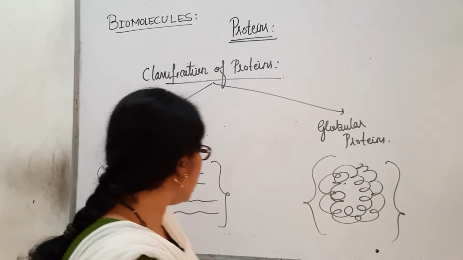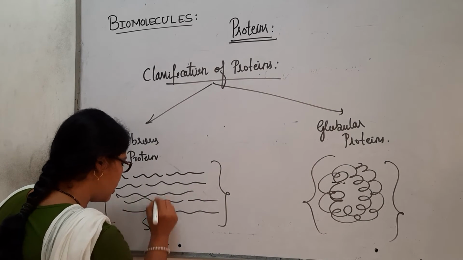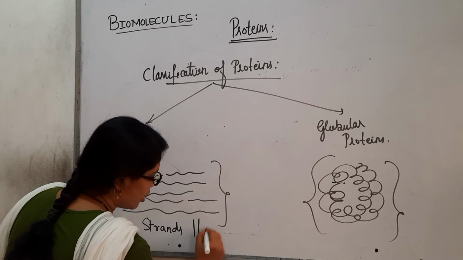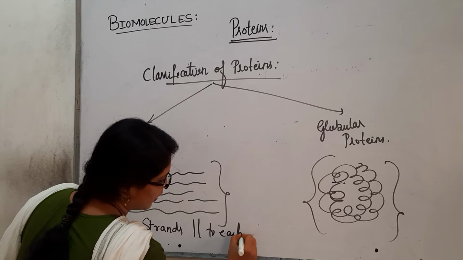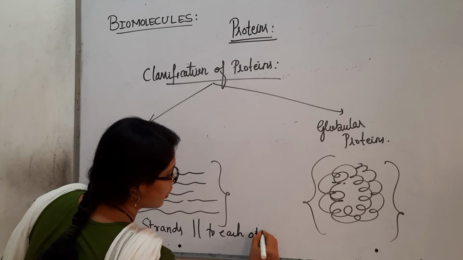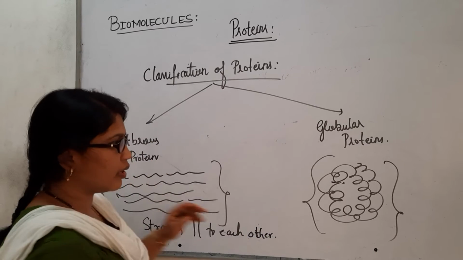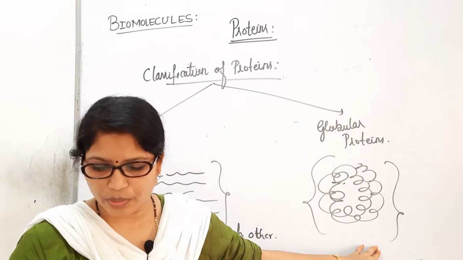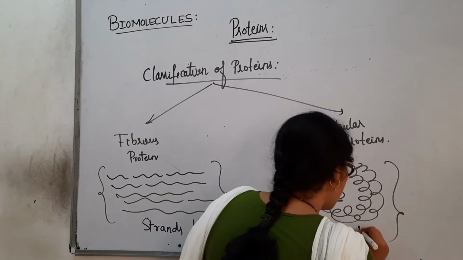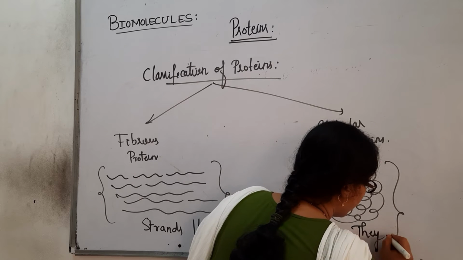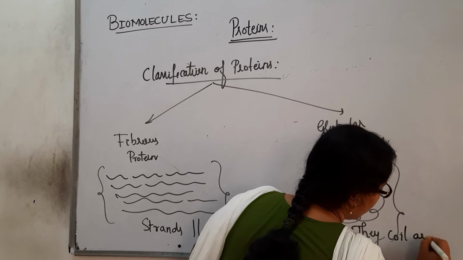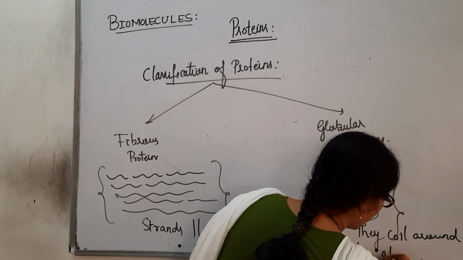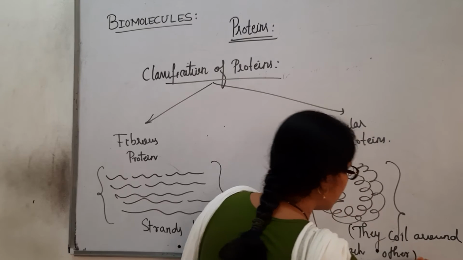Here these fibrous strands will lie parallel to each other. But in the case of globular proteins, the amino acids, which are polymers, are coiled around each other to form a globular structure.